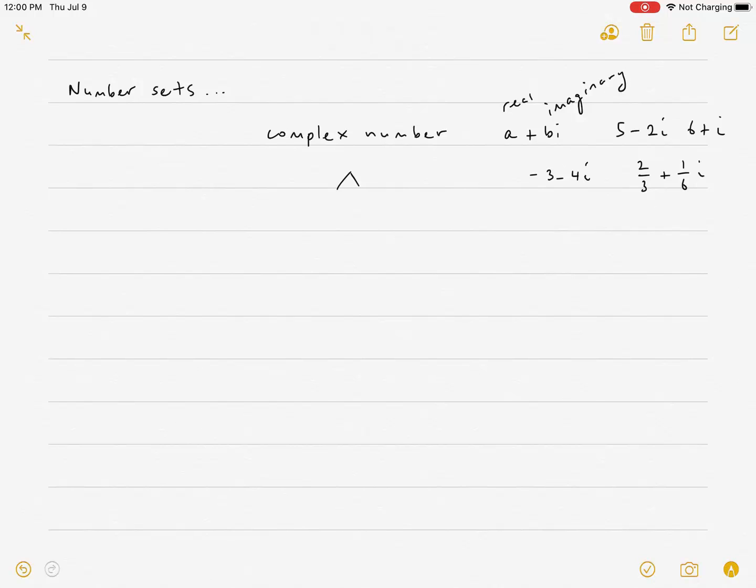Complex numbers break up into two different branches. We have the real numbers that you're very familiar with and the imaginary numbers. Real numbers are numbers like 5 plus 0i, but we would just say 5.